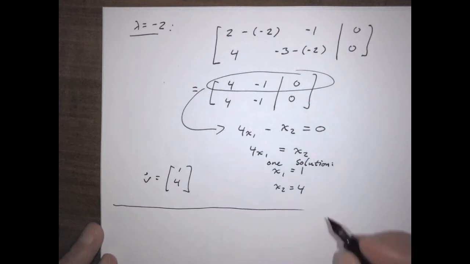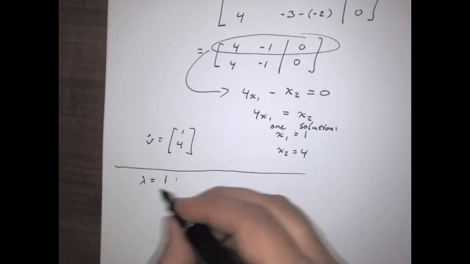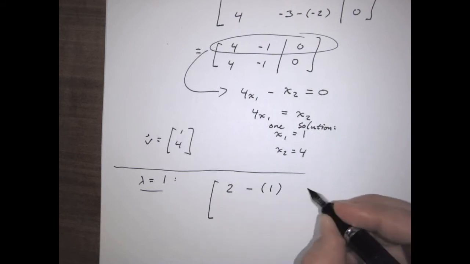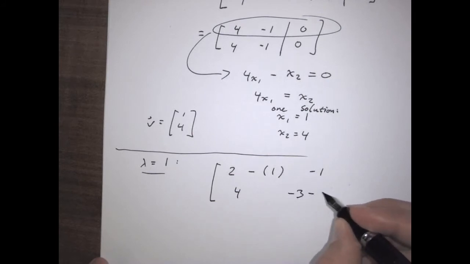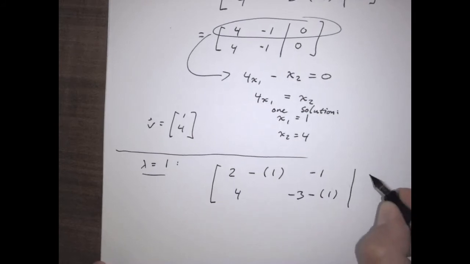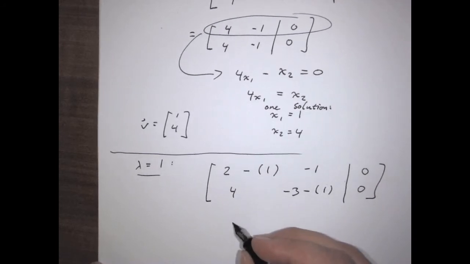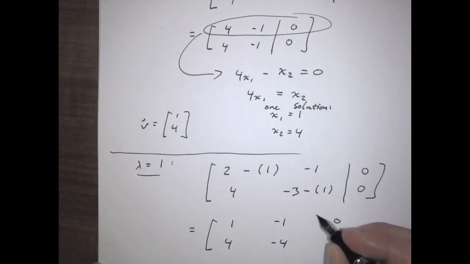Alright. If lambda, on the other hand, is equal to 1, then we're going to have the same thing: 2 minus 1, negative 1, 4, negative 3 minus 1, augmented with 0, 0. So that's going to give us 1, negative 1, 0, 4, negative 4, 0.